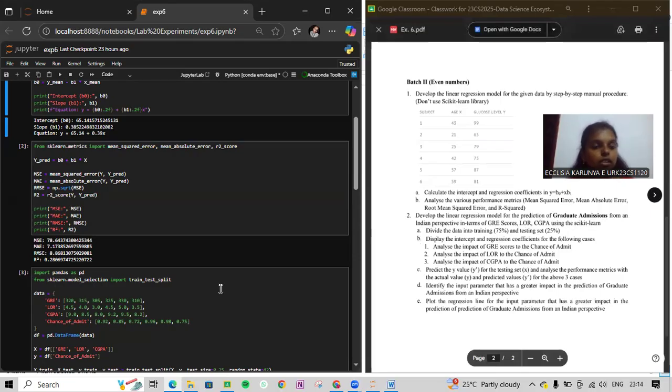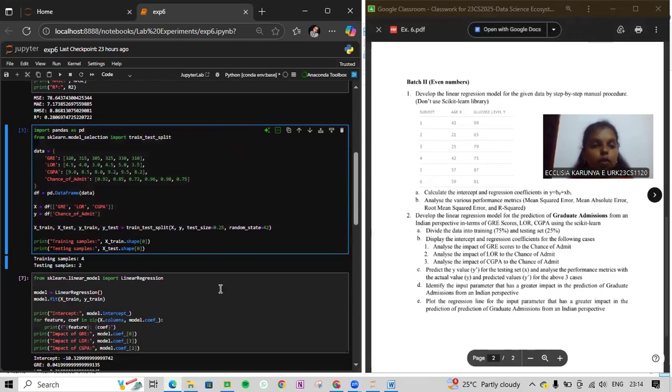Let's move on to the code. First, we are going to import pandas as pd. Here is the given data for GRE, LOR, and the CGPA and the chance of admit. Then we are going to load the data set containing these four.